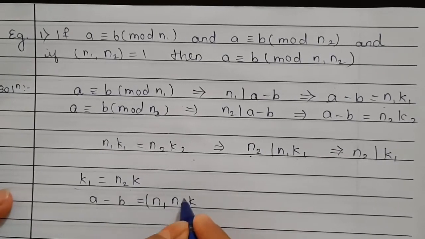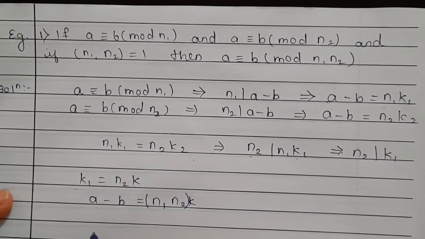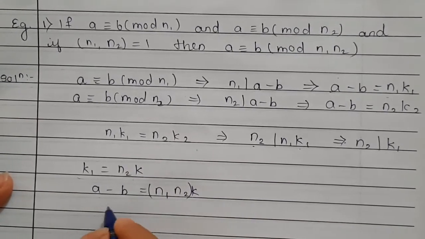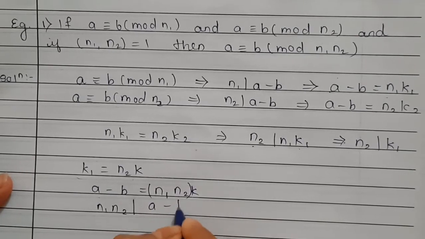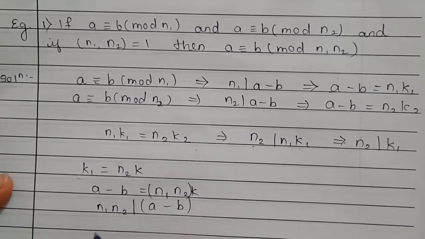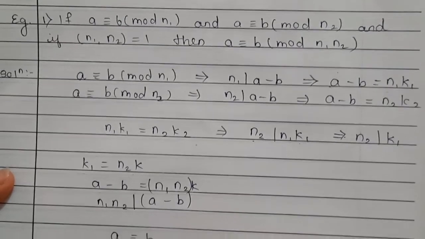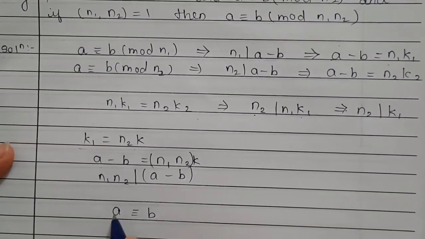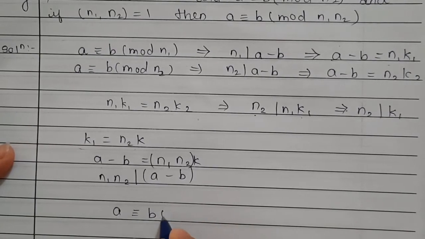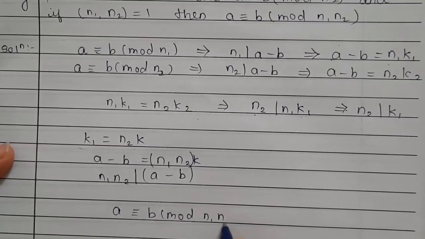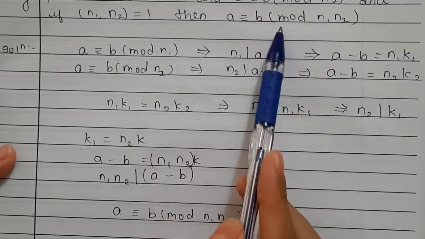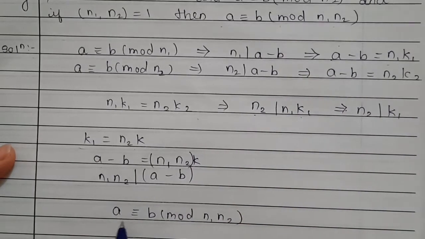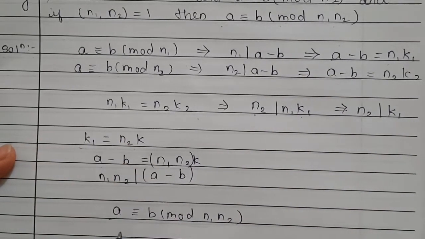Now we put a bracket here, so from that we write n1 n2 divides a minus b, and from that we write a is congruent to b mod n1 into n2. That's what we had to show. Okay, this is how we prove this.